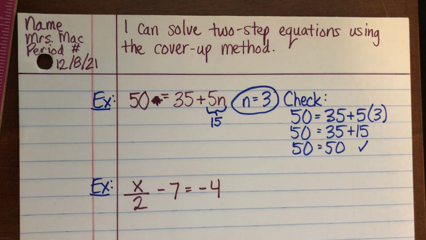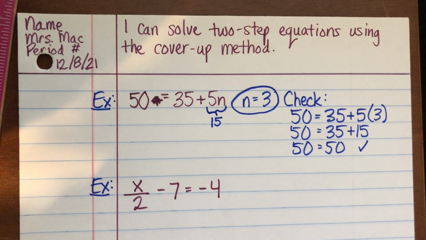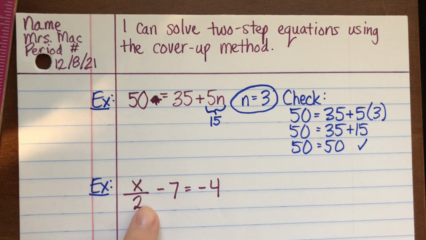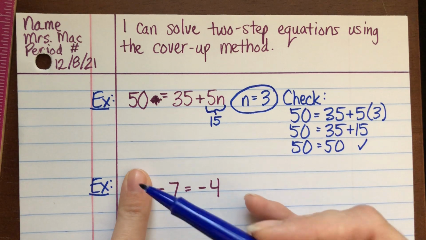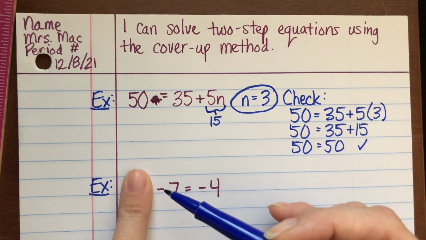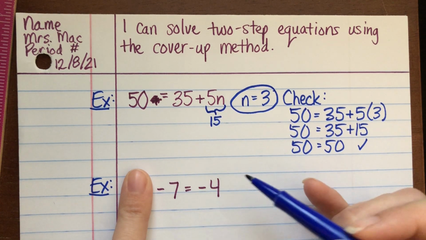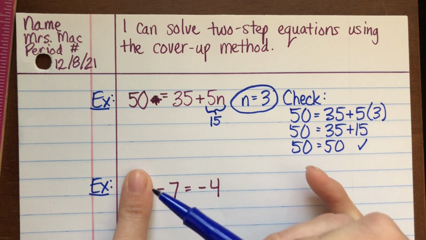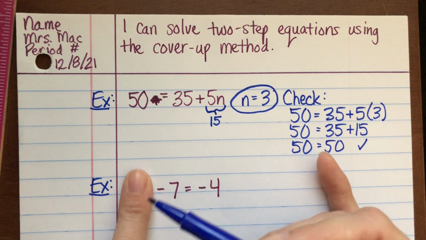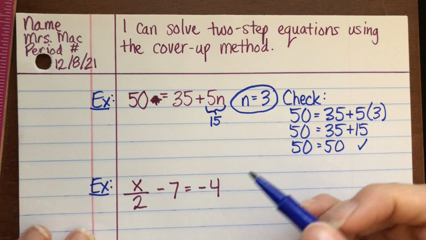All right, folks, let's go ahead and cover up the part that's happening with a variable. See that if you used order of operations, you would divide first. So I'm going to cover up this whole thing, and I'm going to say, what needs to be under my finger to make this equation true? Okay, so I'm going to subtract 7 and I get -4. Well, that means this had to be +3.